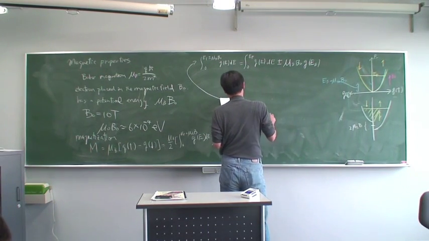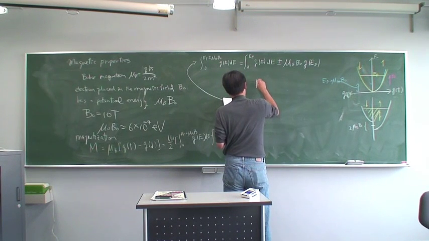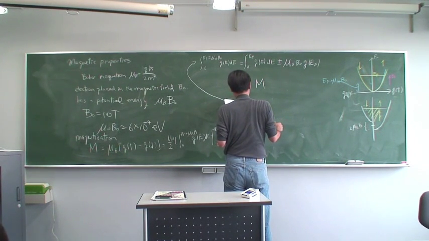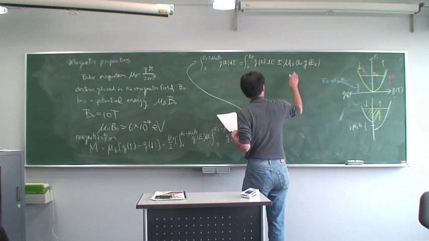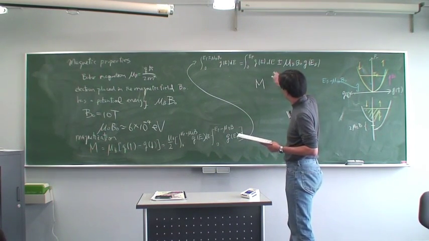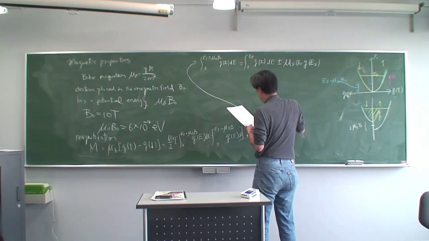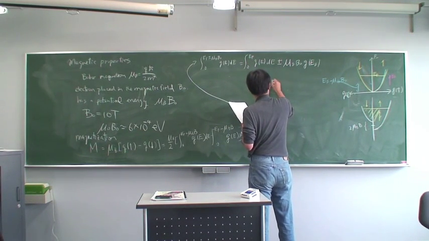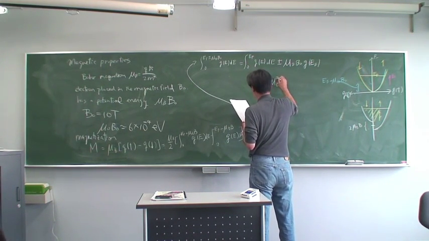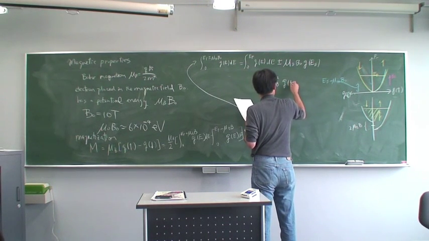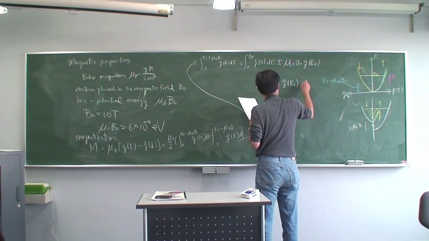And therefore, M simply becomes, if you take this into here, then M simply becomes mu B square g(EF) B naught.